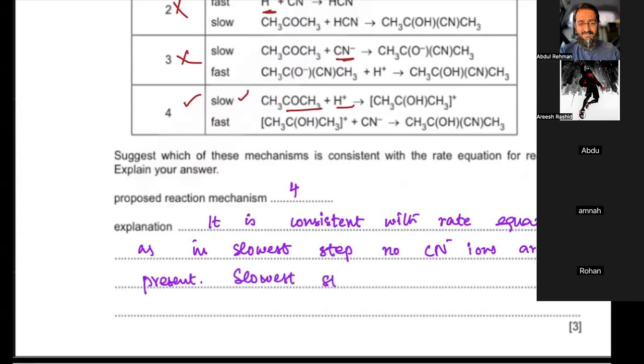The slowest step involves 1 mole of each, hydrogen ion and propanone. Is this clear to all of you?